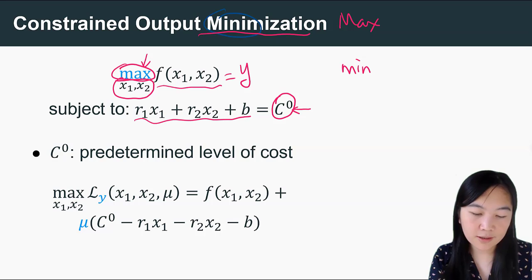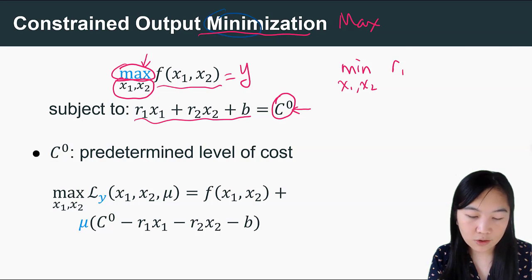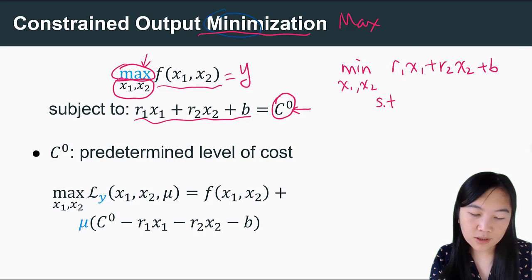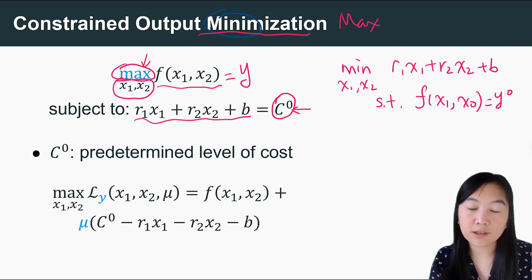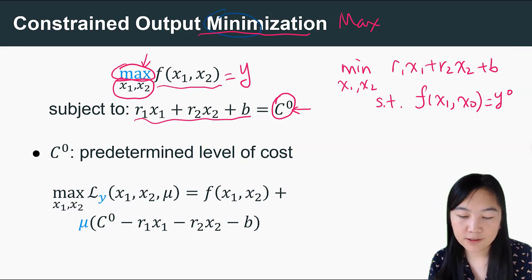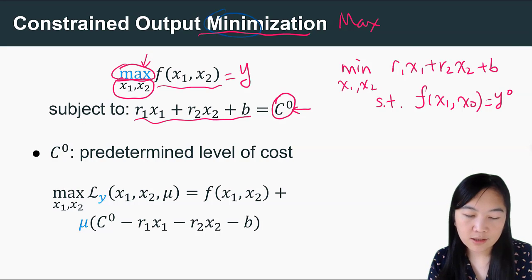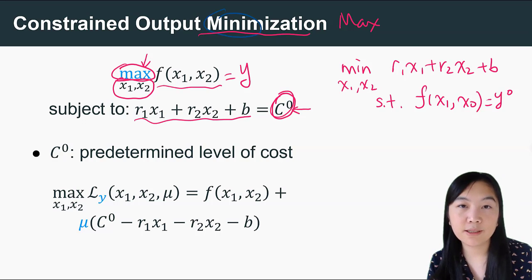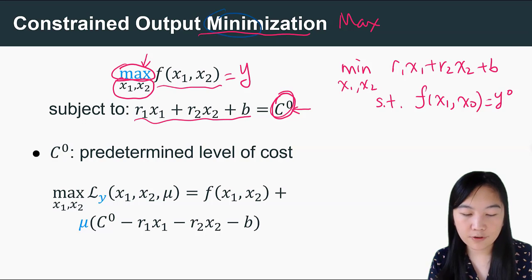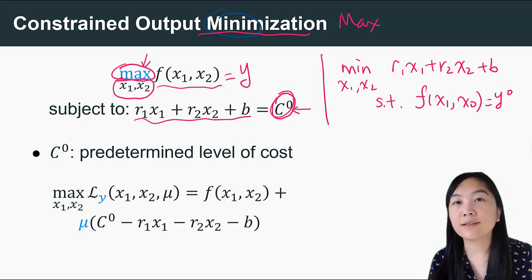Remember, in the cost minimization problem, you're minimizing your cost, and your constraint is that your output is equal to a predetermined level of output. So now it changed a little bit. Here, the level of cost is predetermined. And if you solve this problem, you will get exactly the same answer.